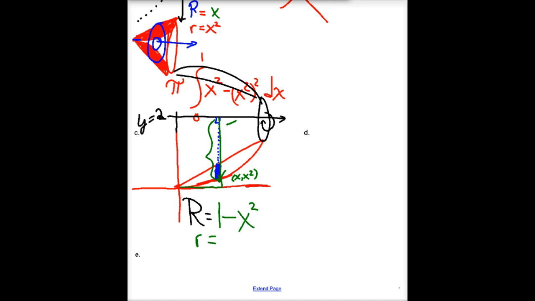Likewise, baby r is from the axis to the inner edge of the curve. You can picture on the big solid what little r would be. It's the radius of that hole that's drilled out, which varies as you move along here. However, this is at the point (x, x). Well, I want this, so I do 1 minus it.